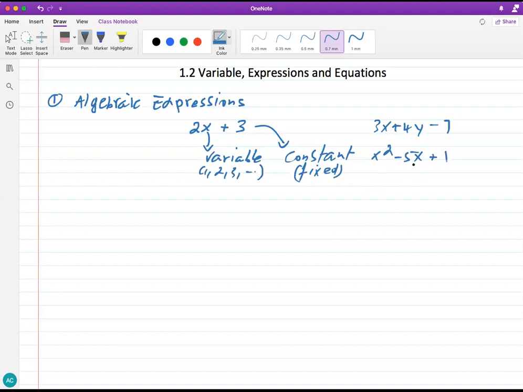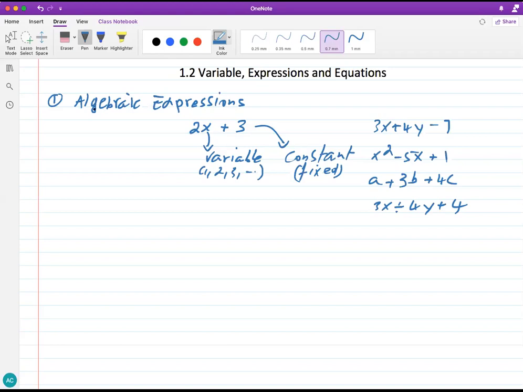Could be any letters, not only x and y, could be a, b, c, for example, a minus 3b plus 4c, and so on. So all these are expressions. Operations could be addition, subtraction, could be even division. For example, let's say 3x divided by 4y plus 4. So this is what we mean by algebraic.